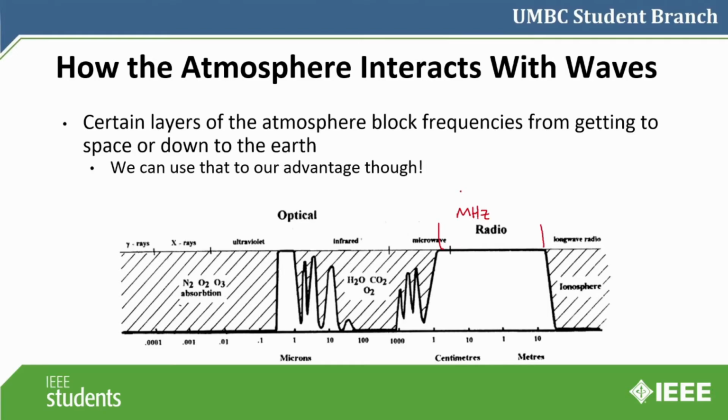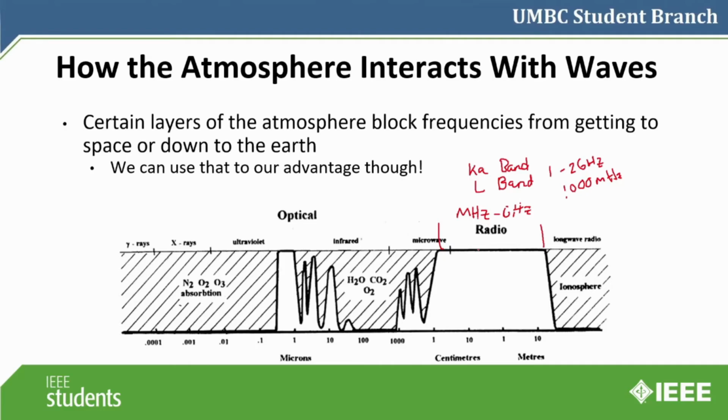And so when you talk about satellites, they're usually in like the Ka band and the L band. And these are 1 to 2 gigahertz, or about 1,000 megahertz. And so this is the megahertz to gigahertz range.